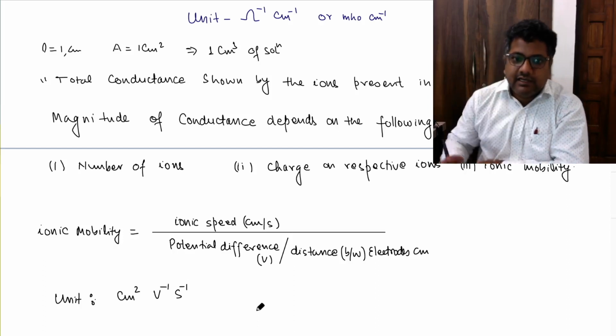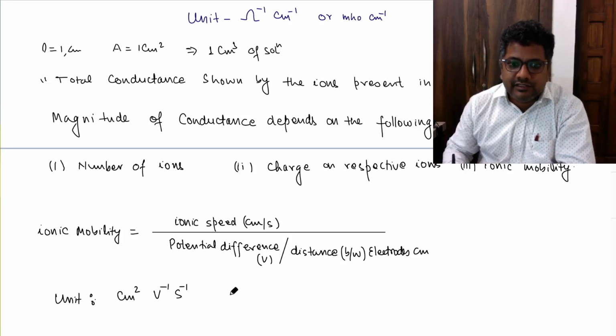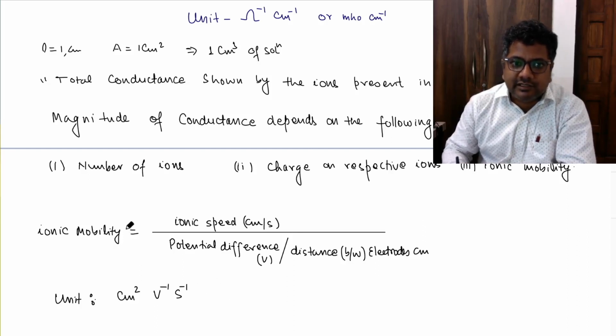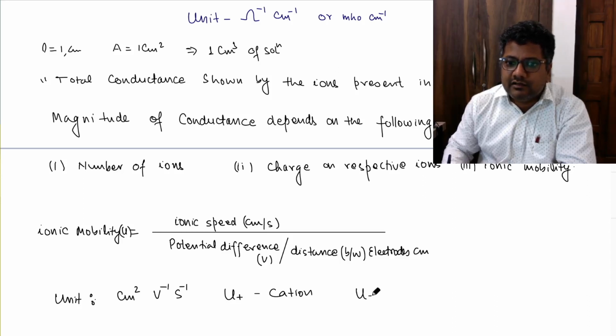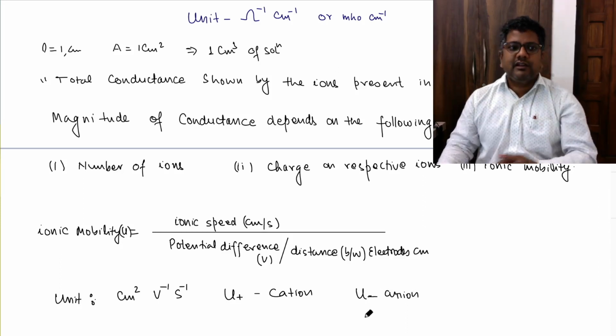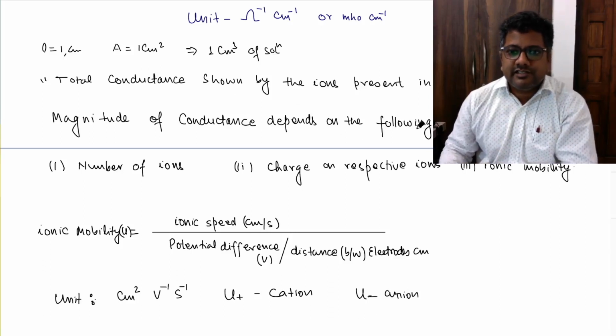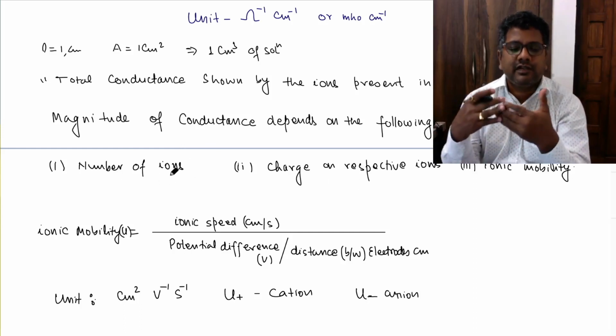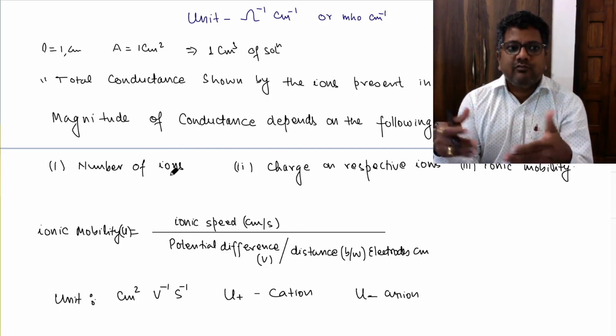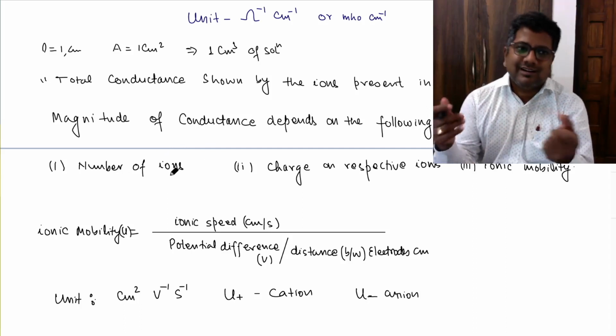Ionic mobility is represented by U: U plus for cation, and U minus for anion. Both cation and anion contribute in the conduction of electricity. So conductance depends on the number of ions. If your electrolyte is strong, it will provide more ions, so it has more conductance.